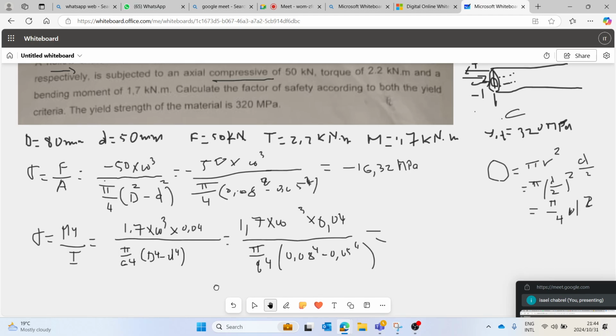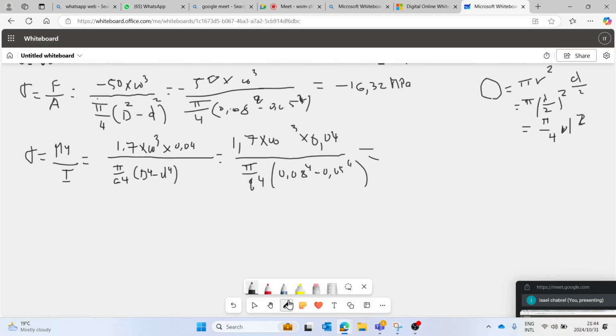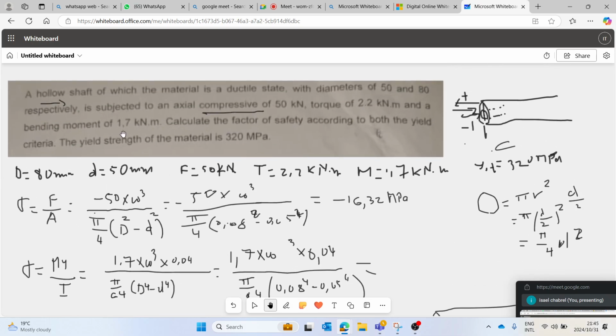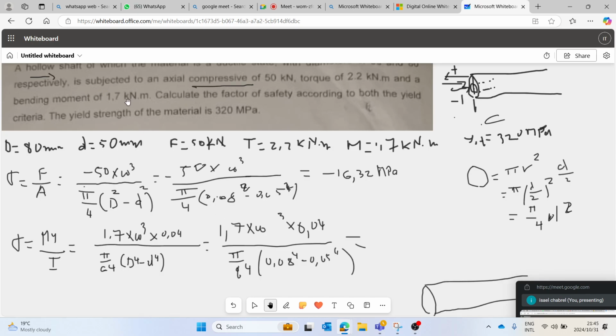When I'm talking about bending positive, look what's happening. If this is the shaft, what is the value of this force here? It is 1.7 kilonewton. Do you agree it's a positive value?